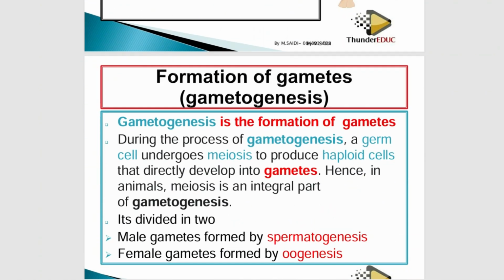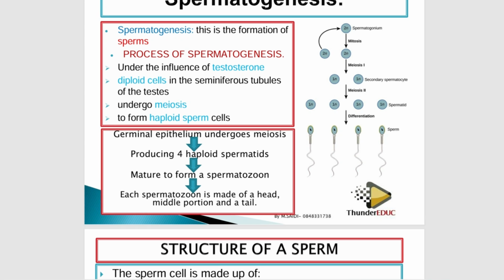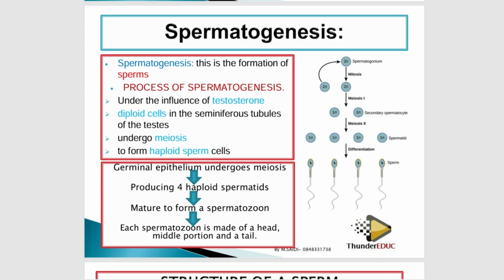When it comes to spermatogenesis, you just write this. They said name, so basically it is spermatogenesis. That's the first thing you give. Then you say under the influence of testosterone, the diploid cells in the seminiferous tubule undergo meiosis to form four haploid sperm cells.